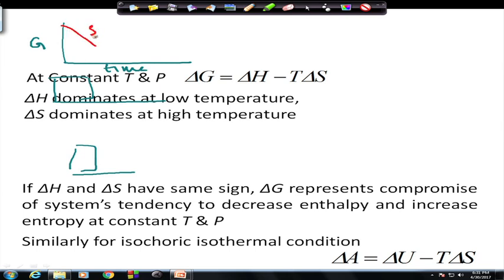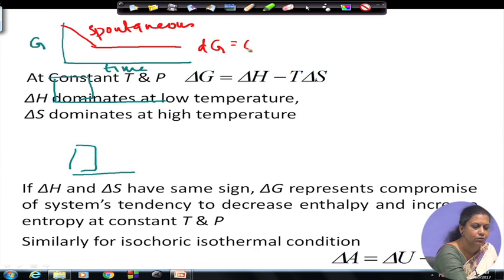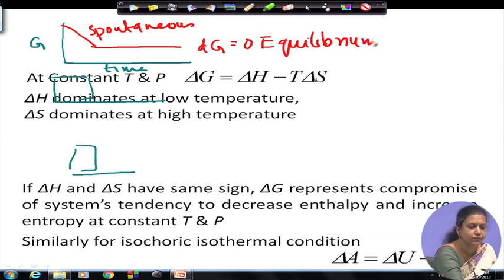This is the time where the spontaneous reaction is occurring, and after a while when equilibrium has been achieved, dG becomes equal to 0, and this signifies the equilibrium condition. For this particular case it was dG less than 0, for this case it is dG equal to 0.